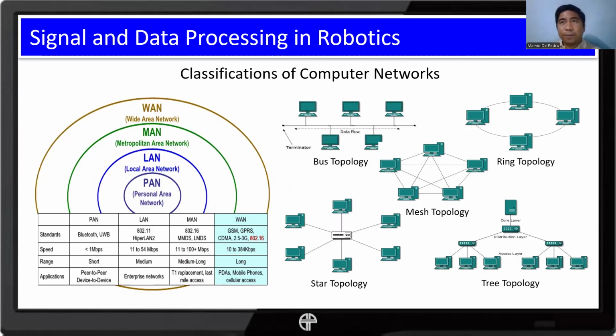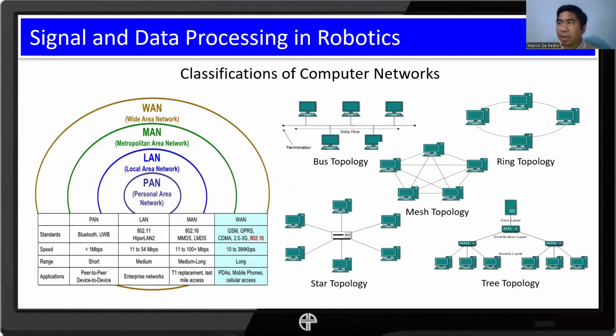Okay. In multi-room situations or within networks within a building or even a compound, we can have a LAN or a local area network. And you have the details here. But if you expand it further, we have the entire city or metropolitan area to be connected within the same network, then we call that a MAN.